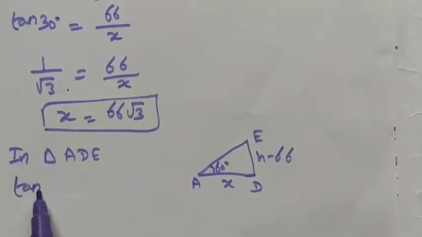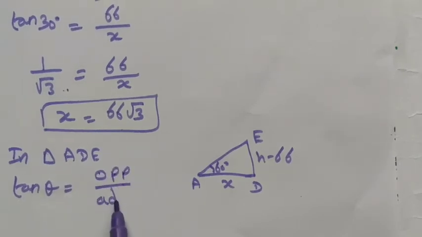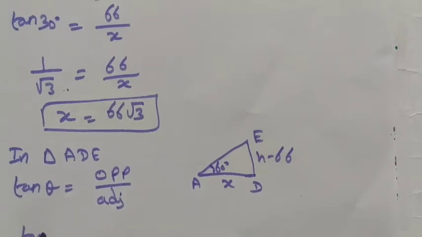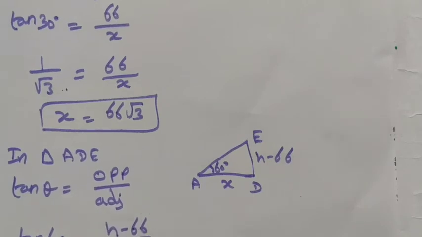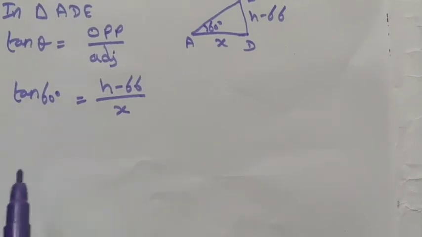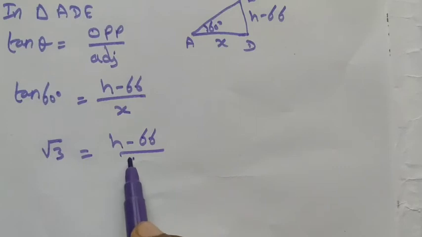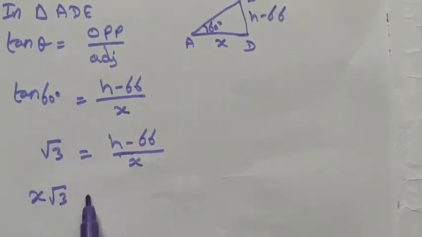Here we have the same formula: tan theta is equal to opposite side divided by adjacent side. Here theta is 60 degrees, so tan 60 degrees is equal to the opposite side, H minus 66, divided by the adjacent side, x. We know tan 60 is root 3, so root 3 is equal to H minus 66 divided by x. Taking x to this side, x root 3 is equal to H minus 66.